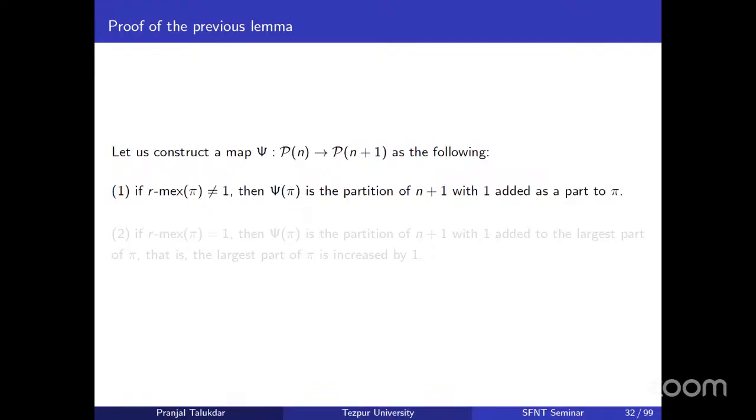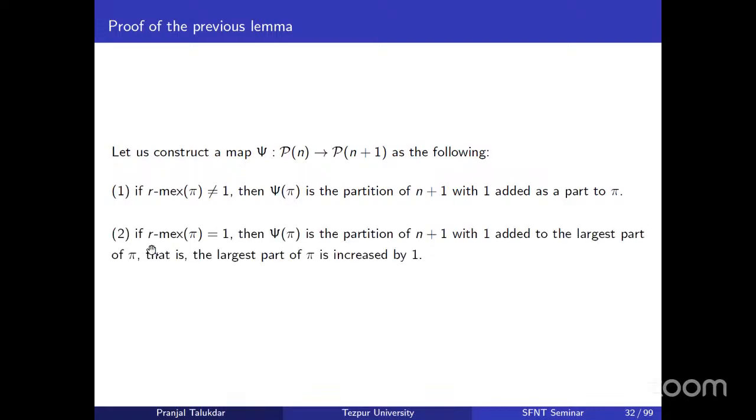So what is the difference? The difference is that 1 has been added as a part to pi. And since the least star gap is not 1, there is no difference in the least star gap. The least star gap remains the same because 1 already appears at least r times, so we are just adding 1 as a part.